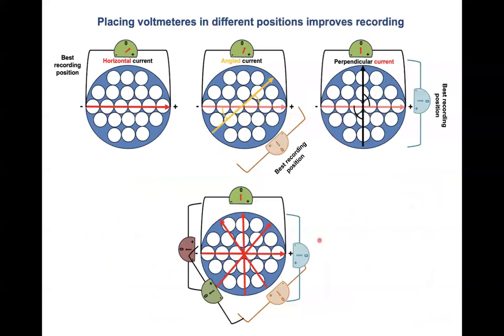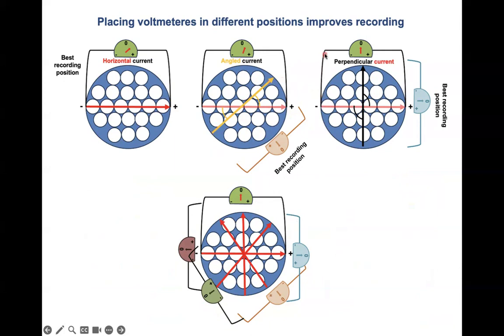So, what is actually the solution for us in order to record the electrical activity of the heart with high resolution? Well, we place different voltmeters in different positions. Here, strongly simplified. This voltmeter, placed here, will detect best the electrical activity running this way.